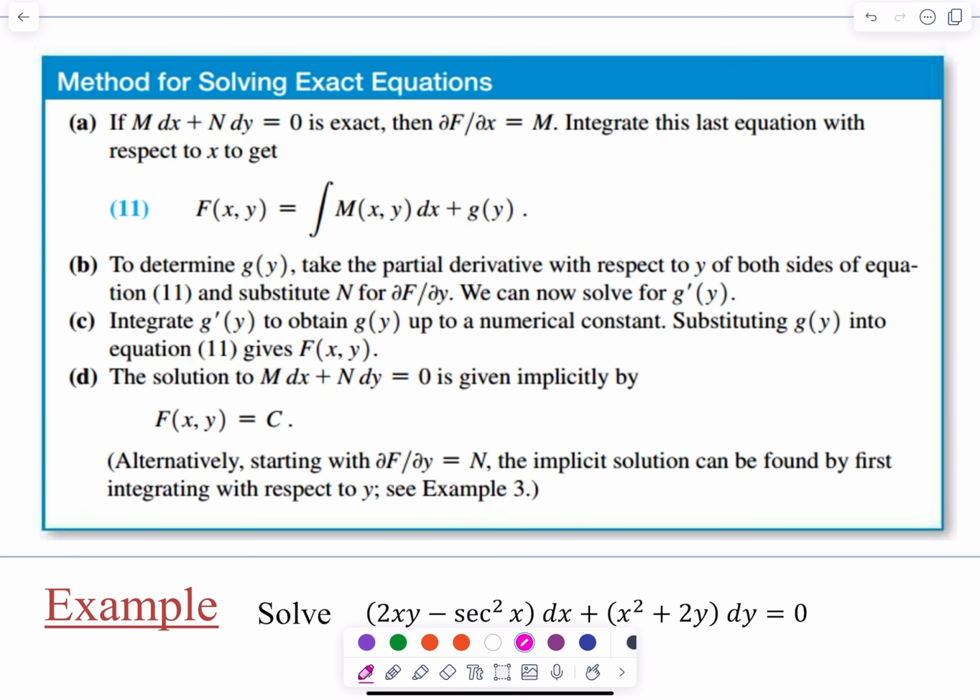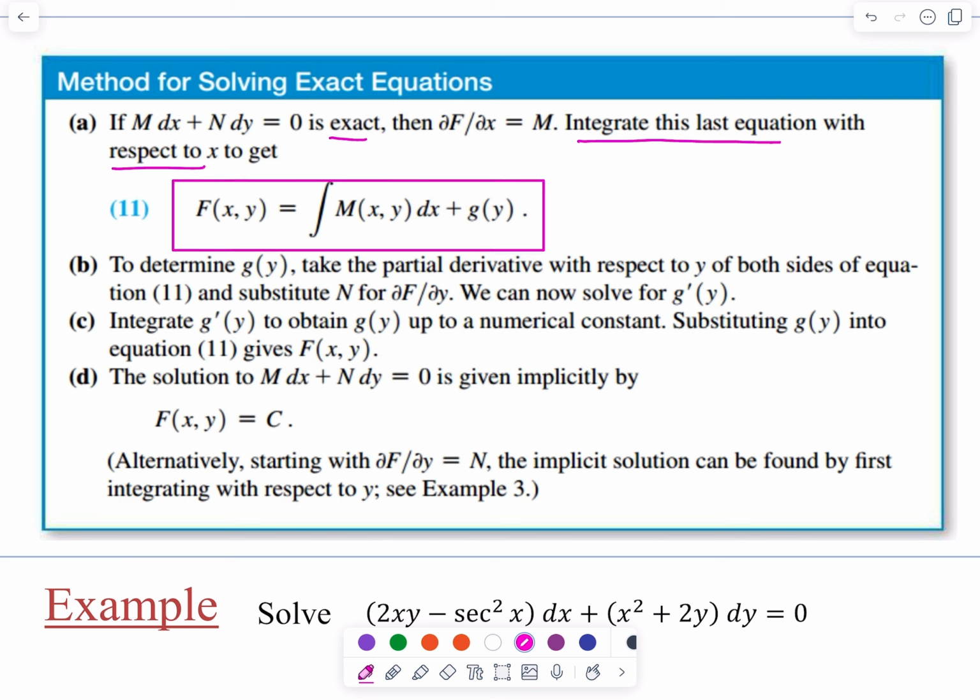So, if we have our differential form and it is exact, then the partial derivative of f with respect to x is equal to M. And we are going to integrate this equation with respect to x and come up with this equation. And here we will integrate M with respect to x.